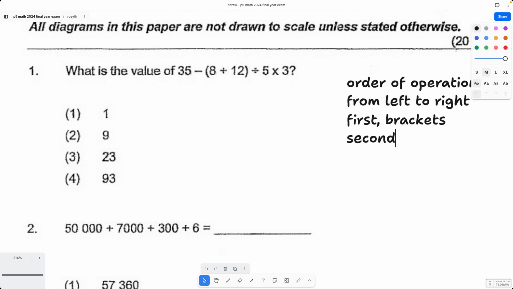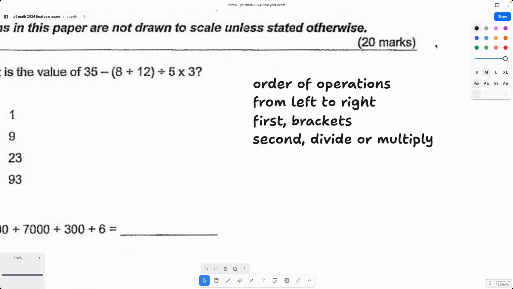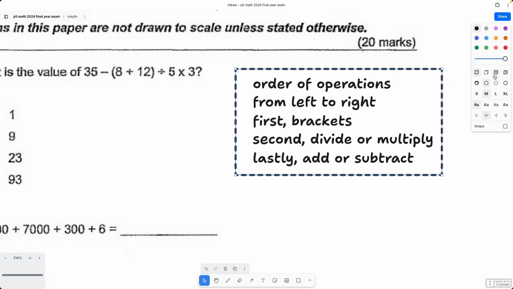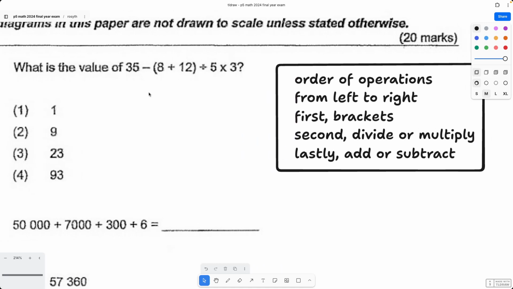Then second, what do you think we need to do next? Divide or multiply from left to right, and then lastly you will just add or subtract. So this is just a simple refresher.